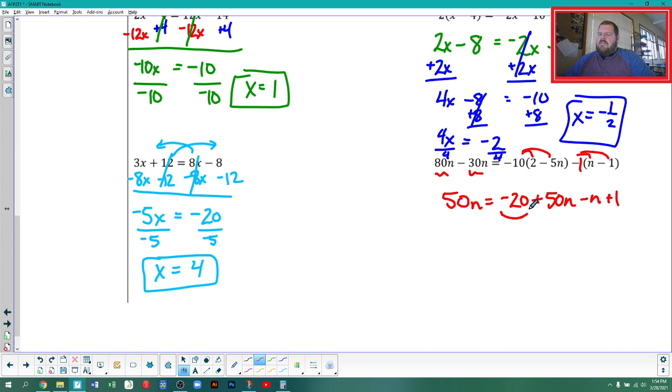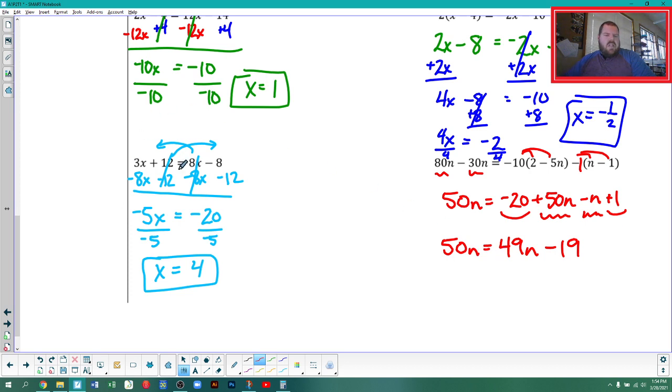So I see that I have number term, variable term, variable term. So let's deal with that. Let's put my variables first, I guess. 50 minus 1 is going to be 49 n's. Negative 20 plus 1 is going to be a negative 19.